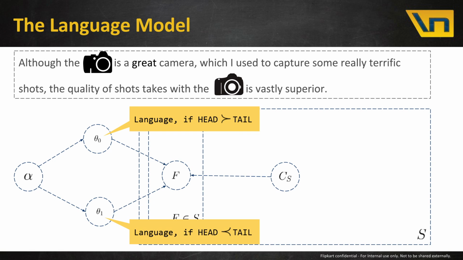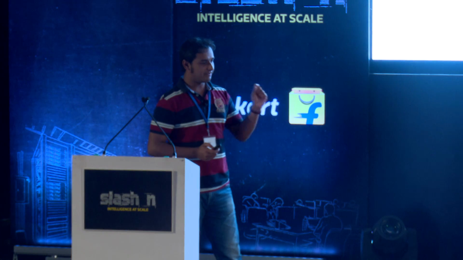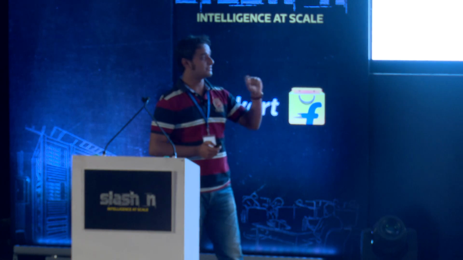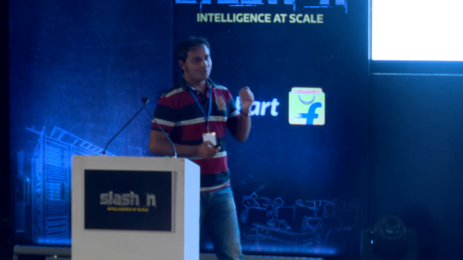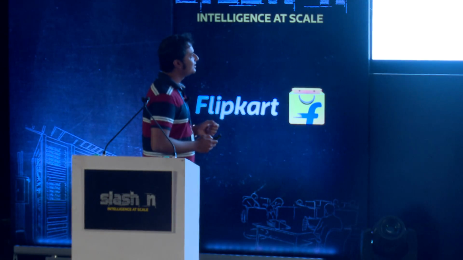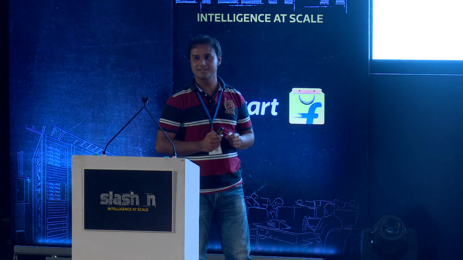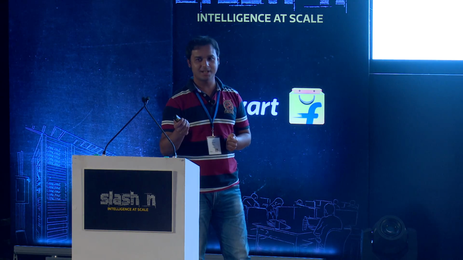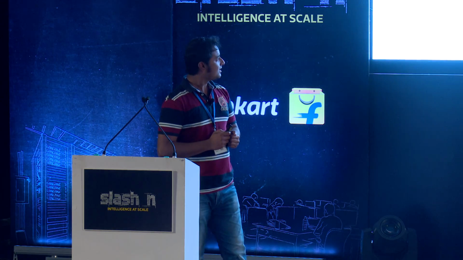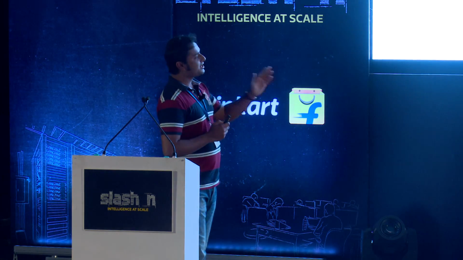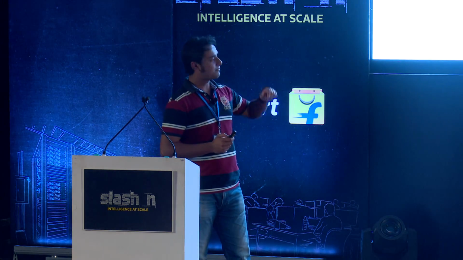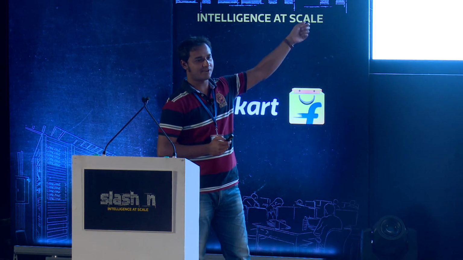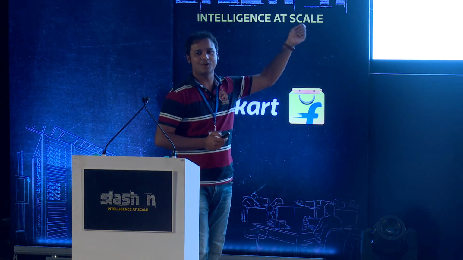The way this language model assumes the reviewer had written the sentence is as follows. While starting to write the sentence, he tosses a coin and decides whether head wins over tail or it's the other way around. If head wins over tail, for every word he keeps drawing from theta 0.